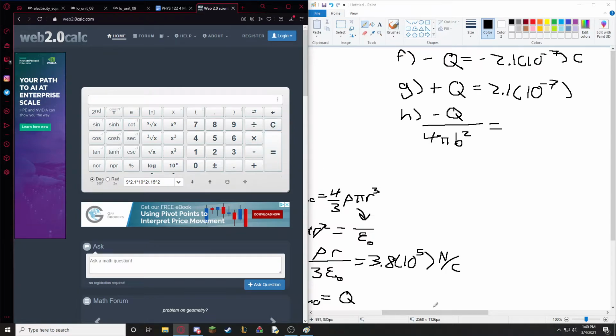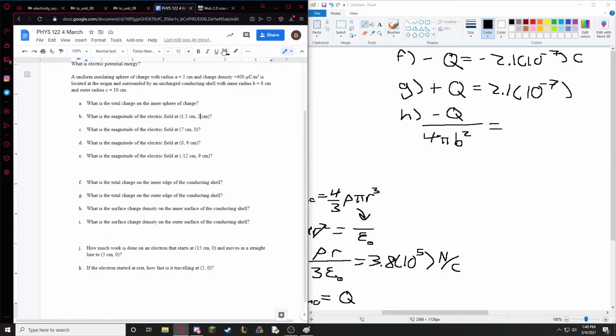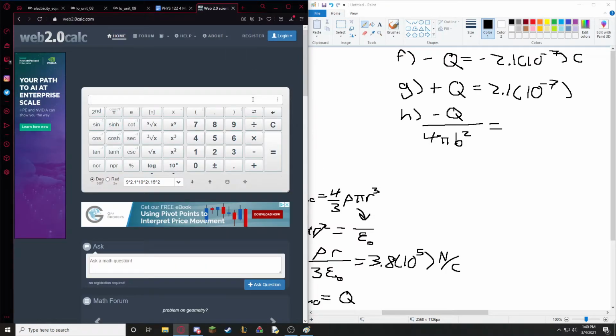Plug in values. B is 8 centimeters. So we have minus 2.1 times 10 to the minus 7, divided by 4 pi times 8 centimeters squared.